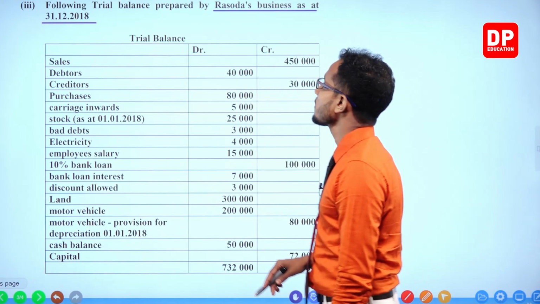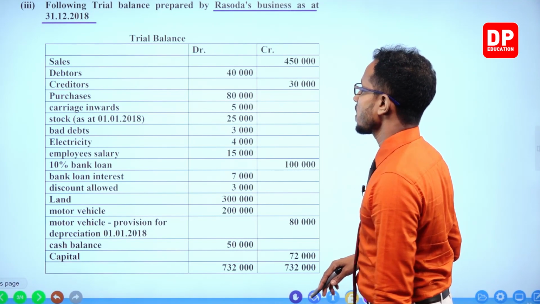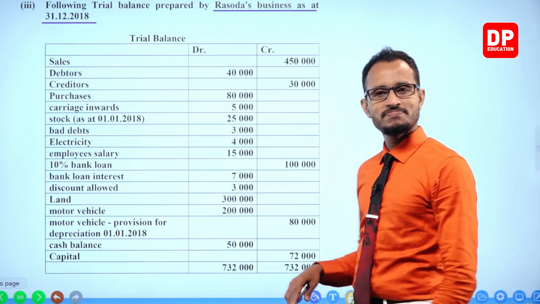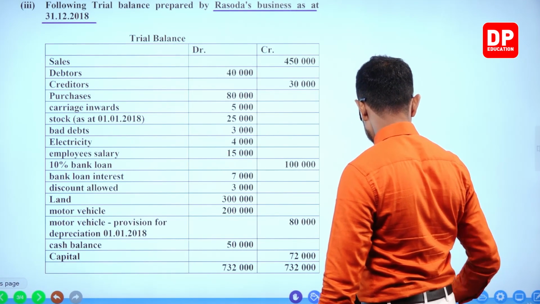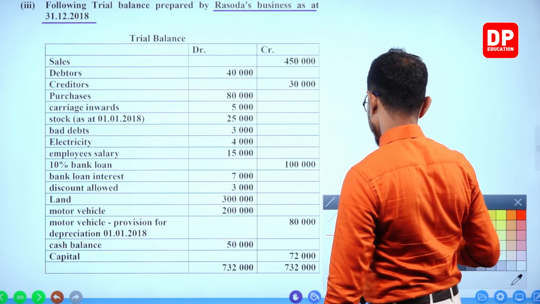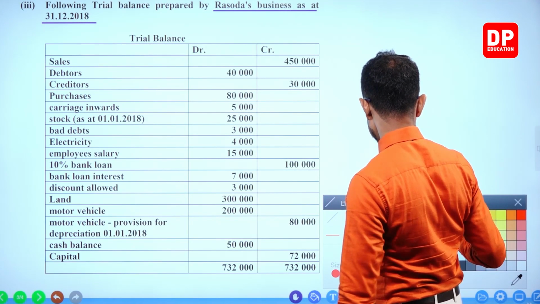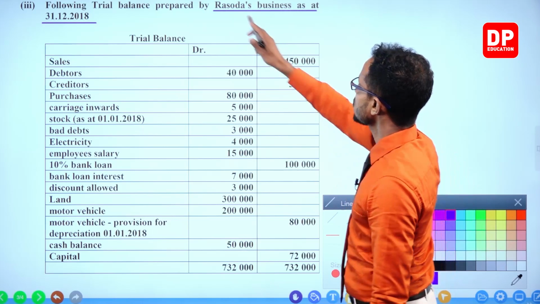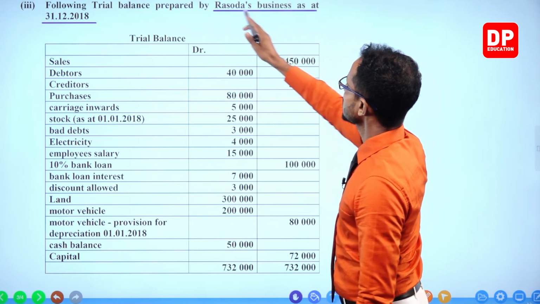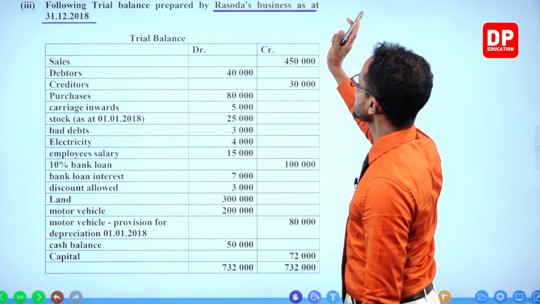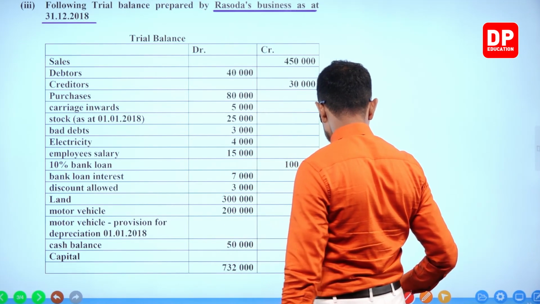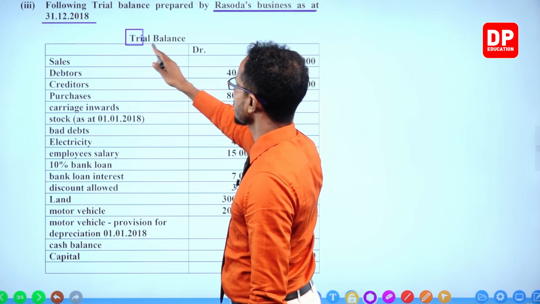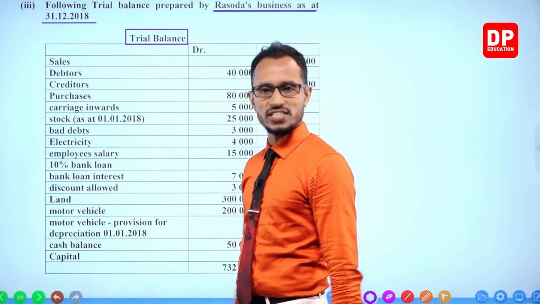Now children, as we know, this is a sole trader. Always you will be given a sole trader business, just like Rasoda's business, and the trial balance is given to you first.